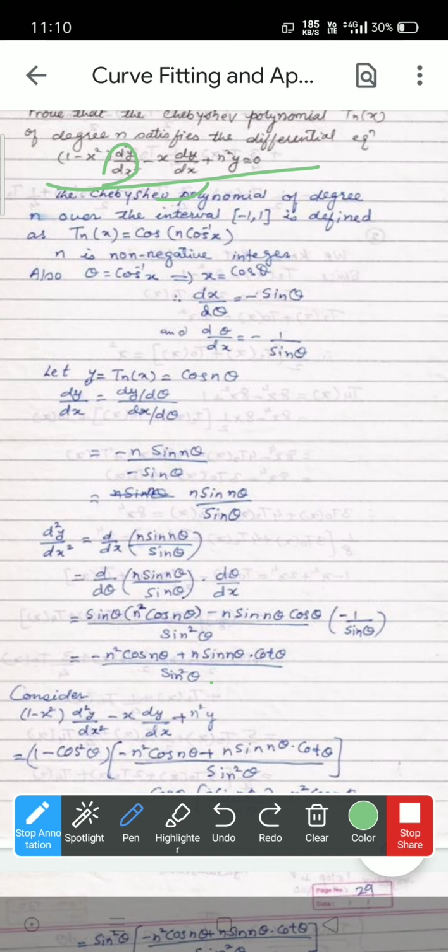Then this total expression is equal to 1 minus x square d2y by dx square minus x dy by dx plus n square y. 1 as it is. X is equal to cos theta, so x square is equal to cos square theta. So 1 minus cos square theta, d2y by dx square: substitute this value here.